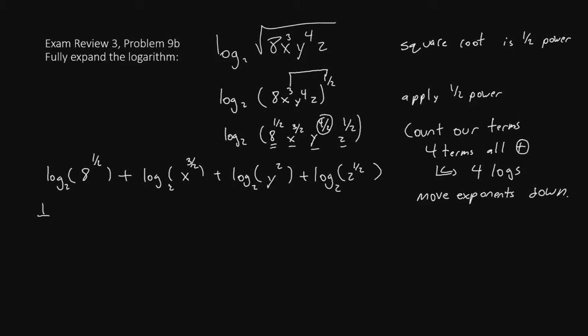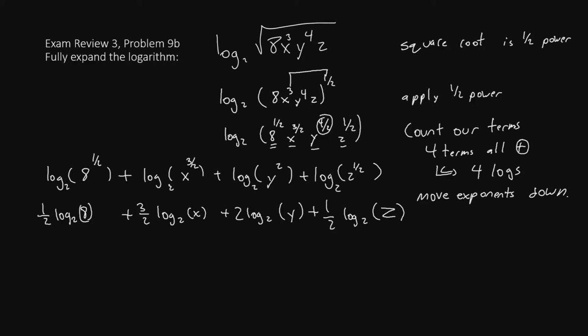So now we'll have 1/2 log base 2 of 8 plus 3/2 log base 2 of x plus 2 log base 2 of y plus 1/2 log base 2 of z.